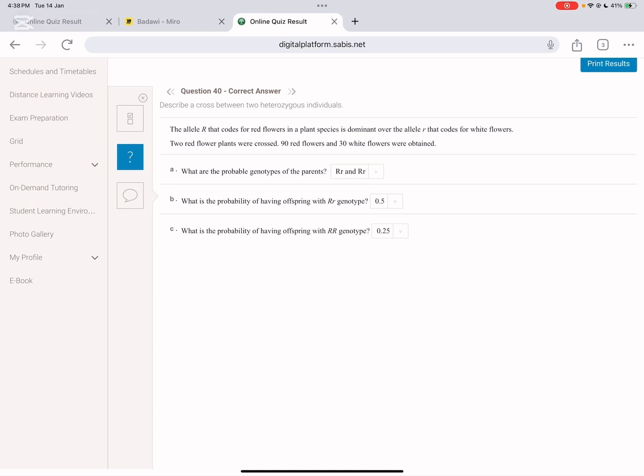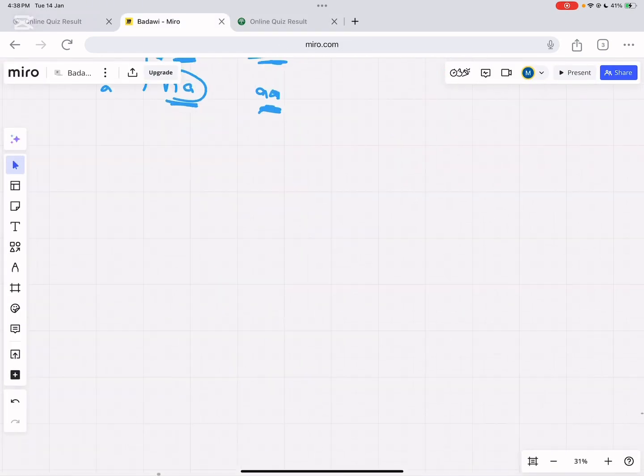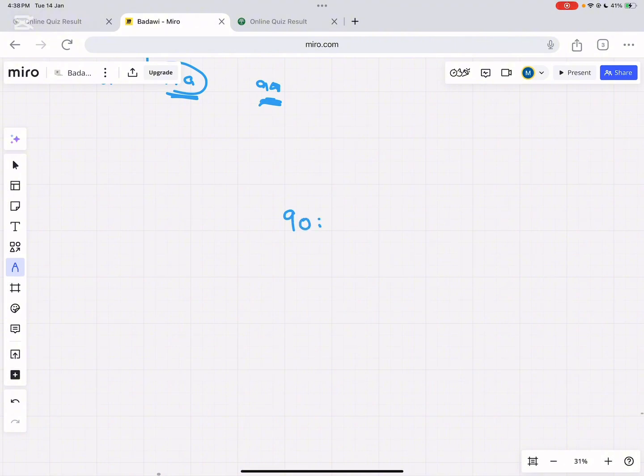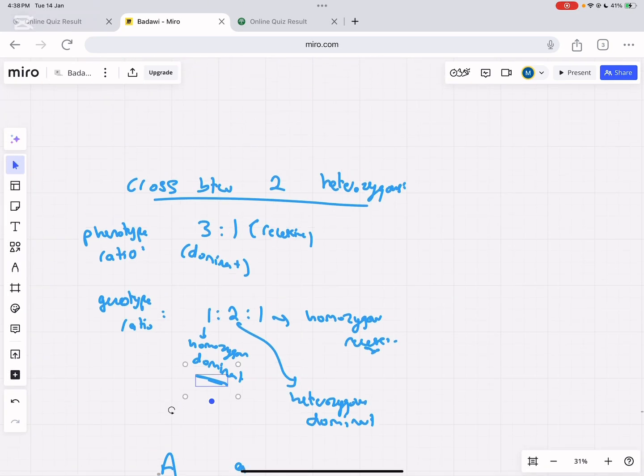Okay, the allele R that codes for red flowers is dominant over the small r that codes for white flowers. 2 red flowers were crossed. A ratio of 90 red flowers and 30 white flowers was obtained. So I can even solve it directly from the ratio, since 90 to 30 gives me 3:1. And if this is my phenotypic ratio, I'll directly know it was a cross between 2 heterozygous individuals.